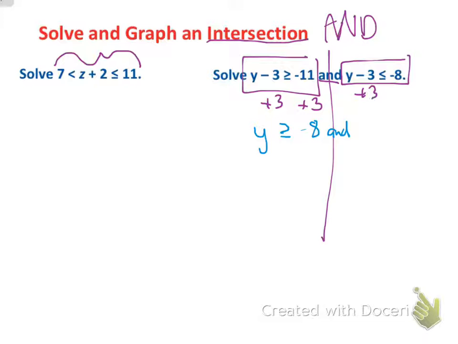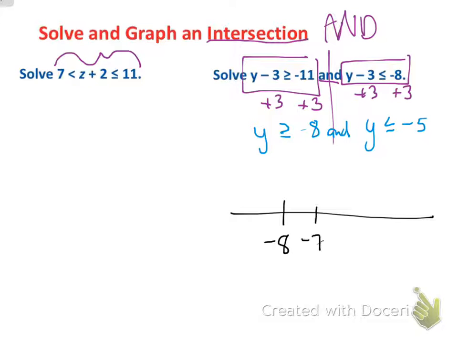Add 3 to both sides. I get y is less than or equal to negative 5. So to graph this, I need to draw my number line. I need to make sure that I have negative 8 and negative 5 on my number line.